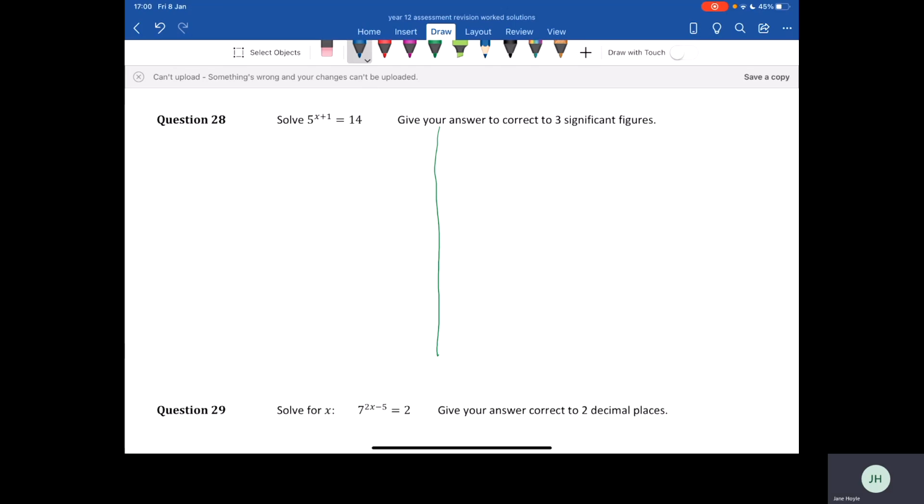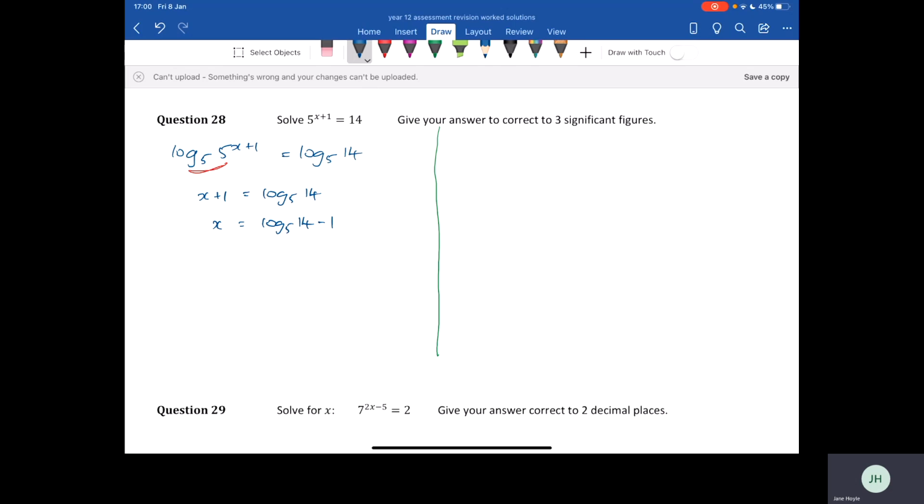You could take log to the base 5. Taking log to the base 5 here would be good, because the log to the base 5 would then cancel with your base of 5 here. That just leaves you with x plus 1 equaling log to the base 5 of 14, which means that x is log to the base 5 of 14 minus 1.